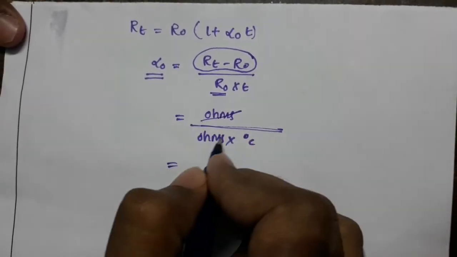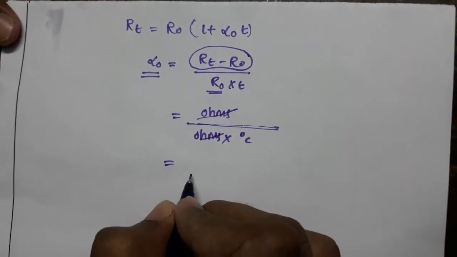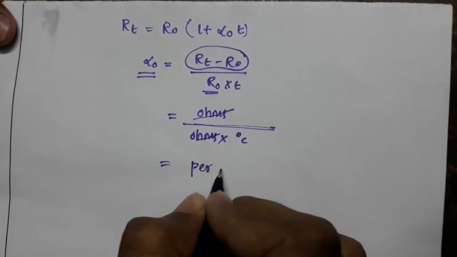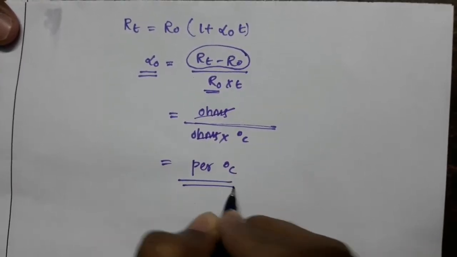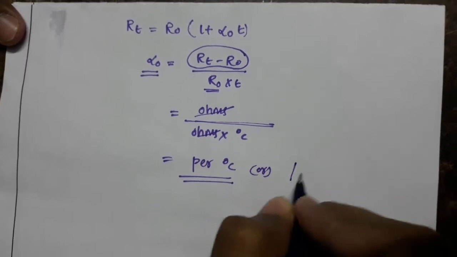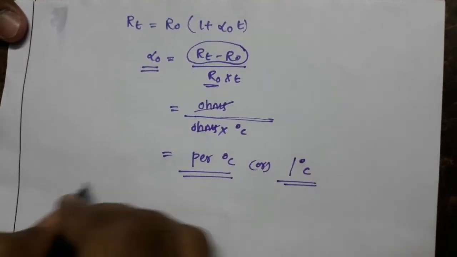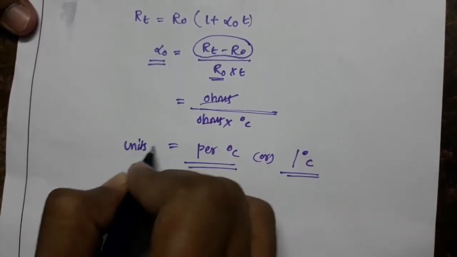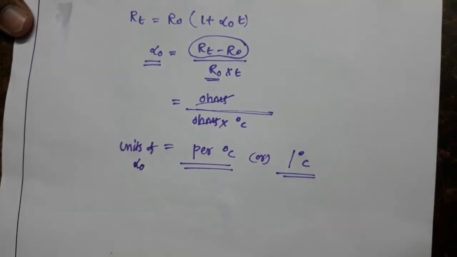So, ohms get cancelled. The unit is per degree centigrade.